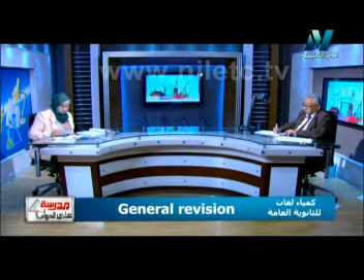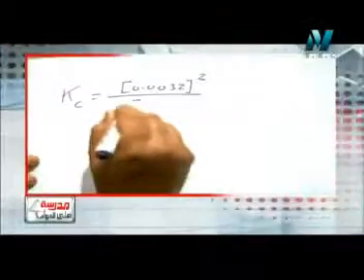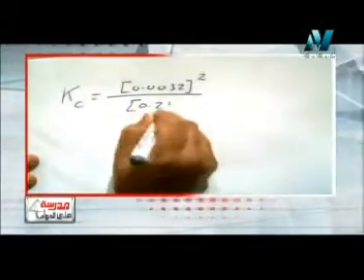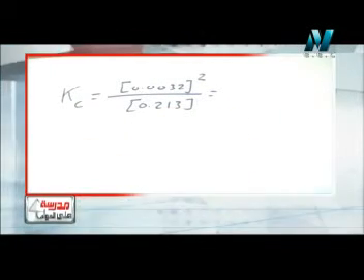But here N2O4 is a gas and NO2 is a gas. So Kc will be 0.0032 to the power 2, divided by 0.213. It is easy to get the value of this Kc.